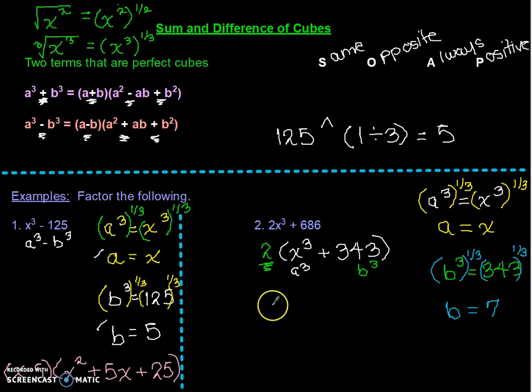So a plus b would give me x plus 7, and then a squared would be x squared, minus a times b, so minus 7 times x, and then plus b squared. So if I square 7, which is b, I'll get 49.